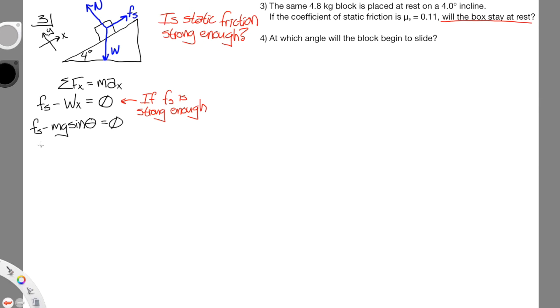So the static friction needed to hold the box in place is mg sine of theta, or 4.8 kilograms times 9.8 meters per second squared times the sine of 4 degrees, which comes out to be 3.28 newtons.